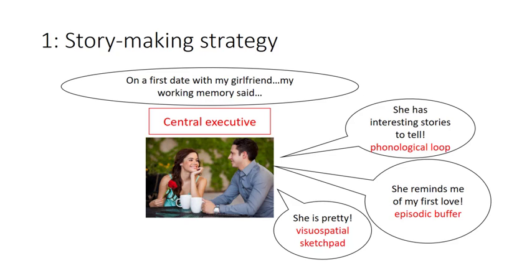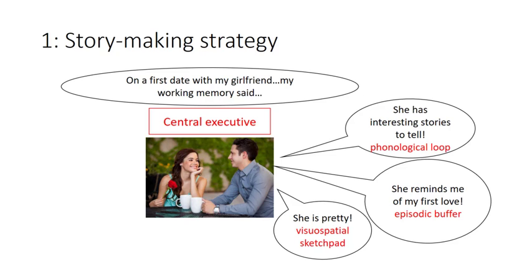The first mnemonic I would like to introduce to you is called the story-making strategy. You make some kind of an interesting and episodic story to remember the concepts to be learned. For instance, you imagine the story of your first date with your girlfriend.